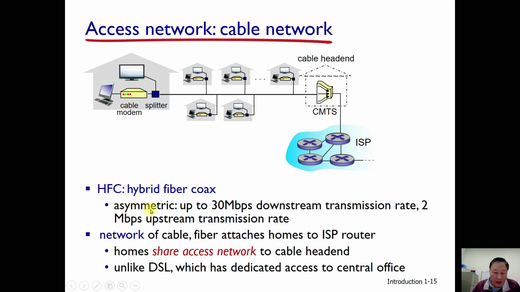This one is asymmetric, up to 30 Mbps downstream transmission rate, and this is an old speed. Also, this has evolved a lot. There is much more than that speed now, but a long time ago, this was asymmetric, and that means the upstream speed and the downstream speed are different.